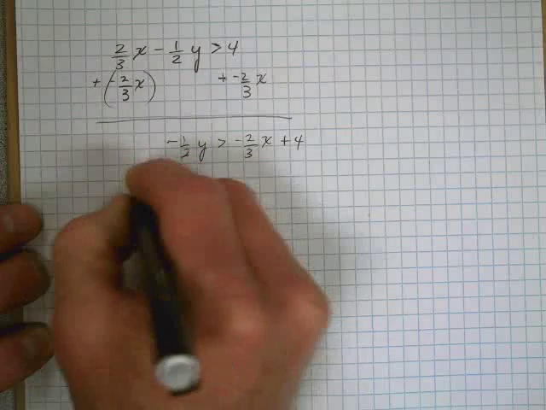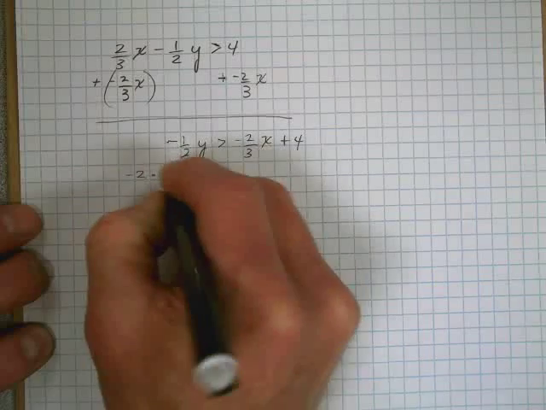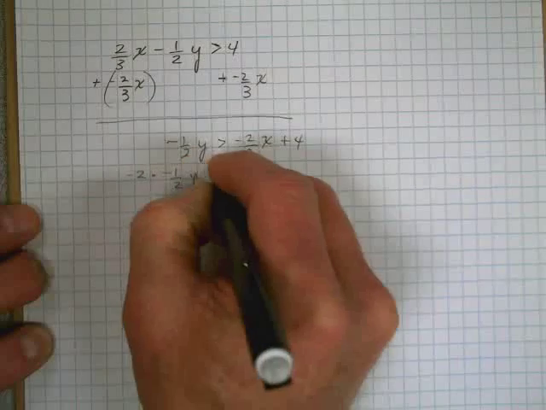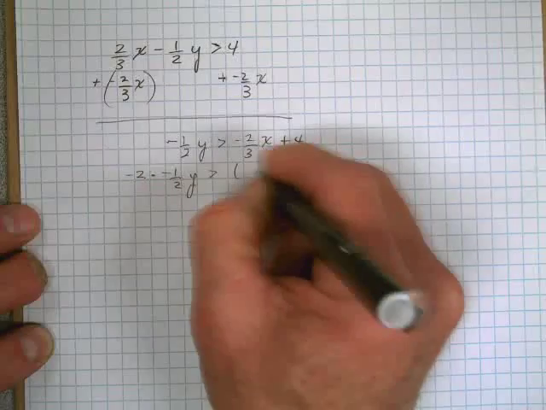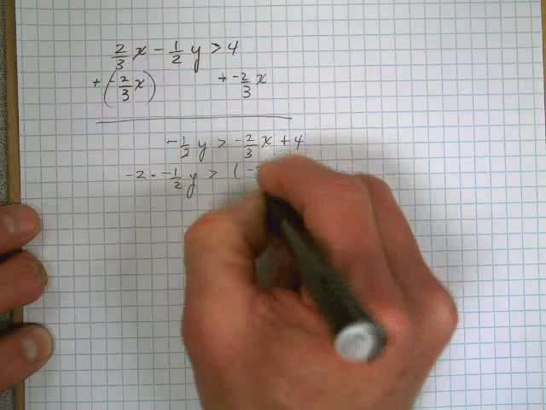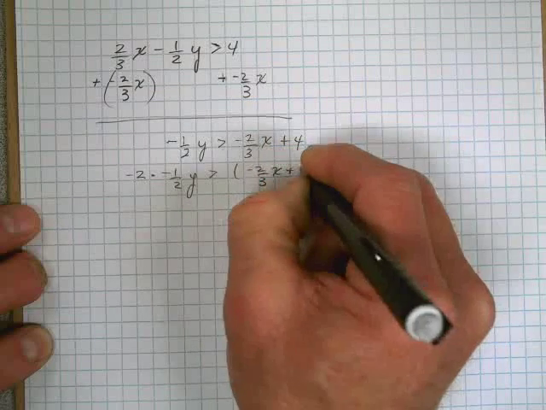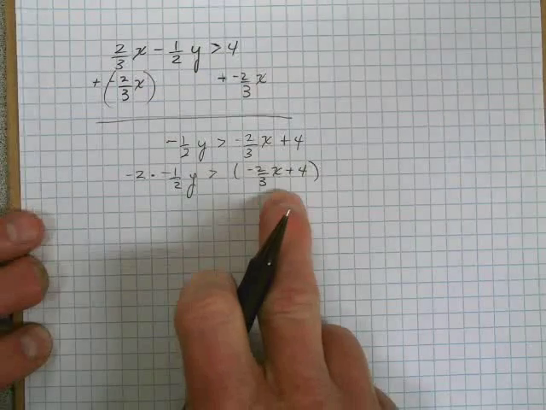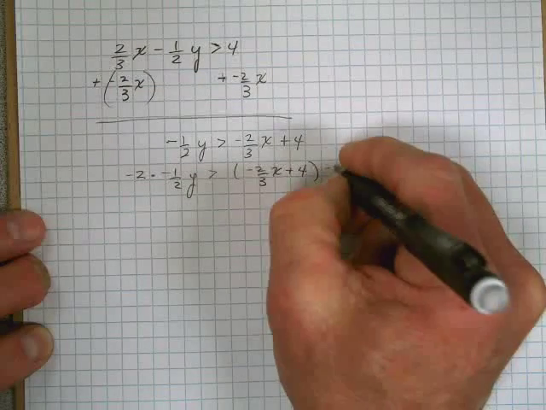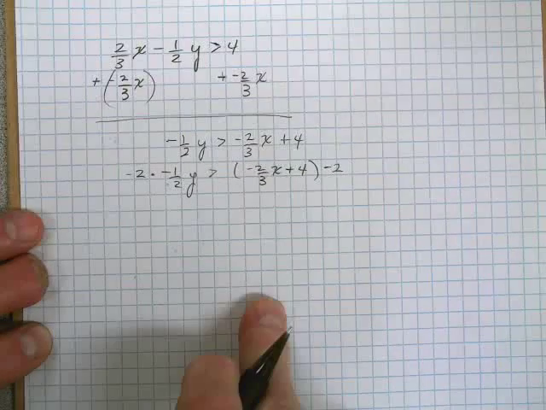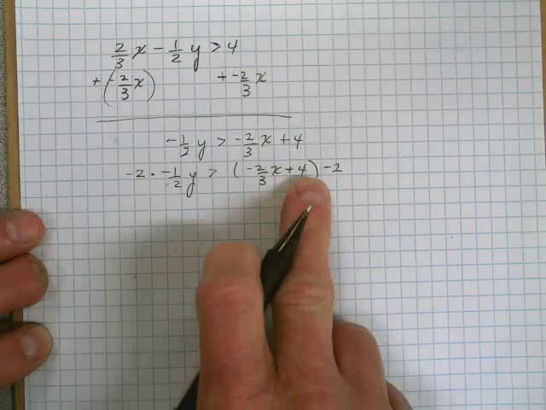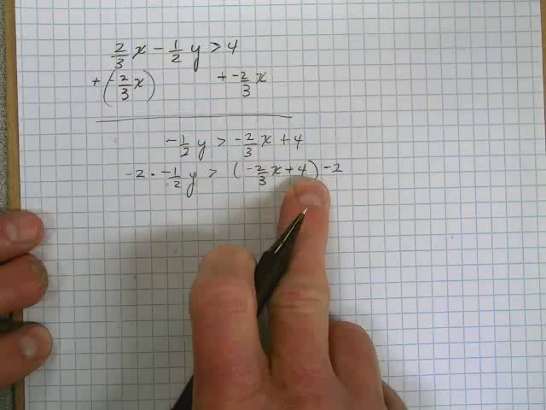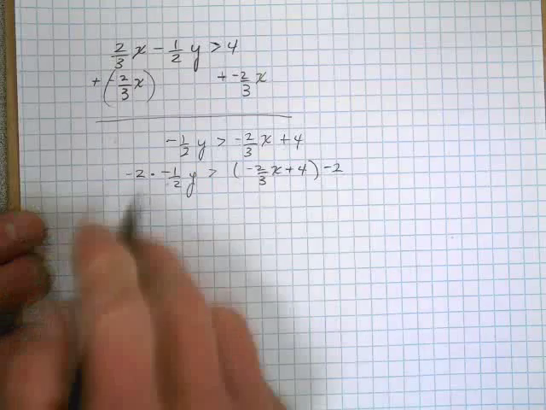So we'll multiply -2 times -1/2 y is greater than -2 times the quantity -2/3 x plus 4. And notice when we multiply both sides of this inequality by that value of -2, I'm going to have to apply the distributive property on the right because we had a sum, not just a single term, but a sum.